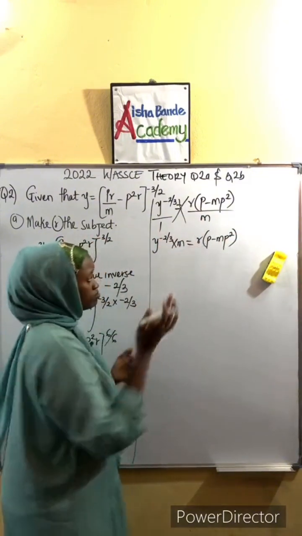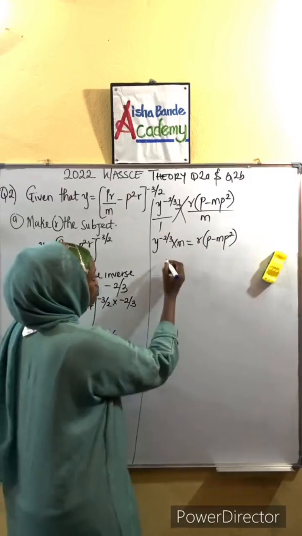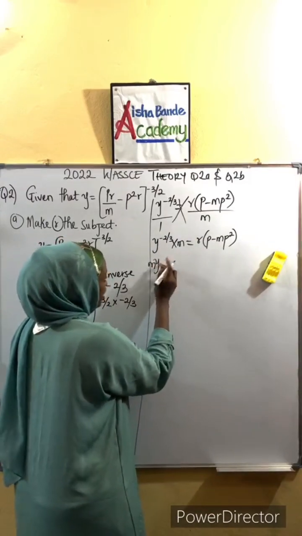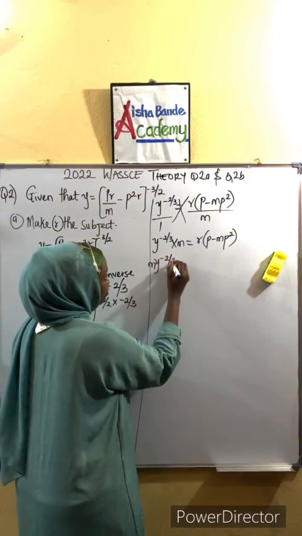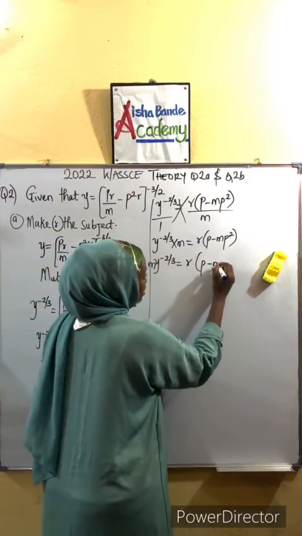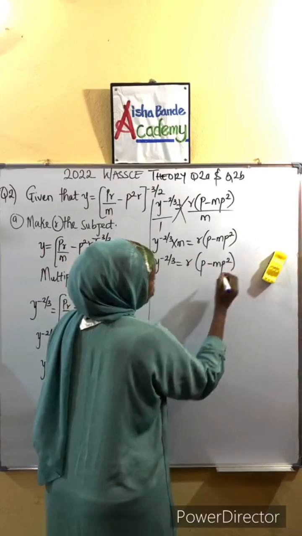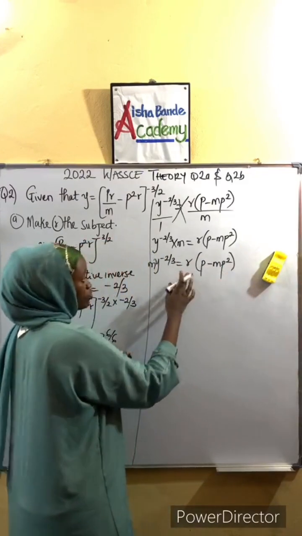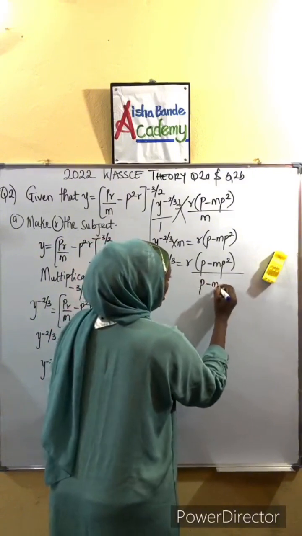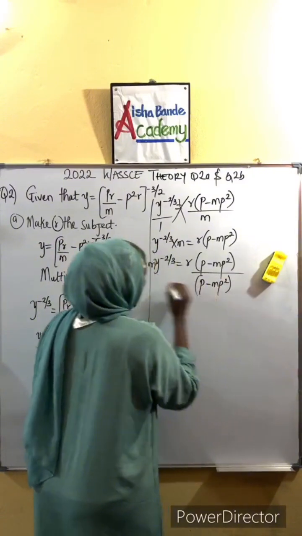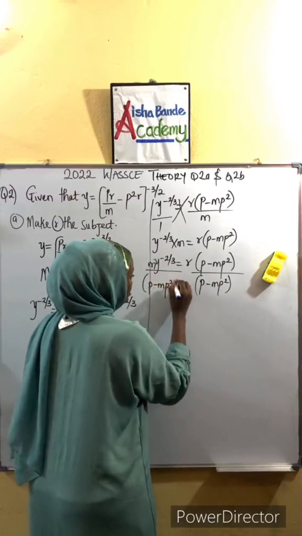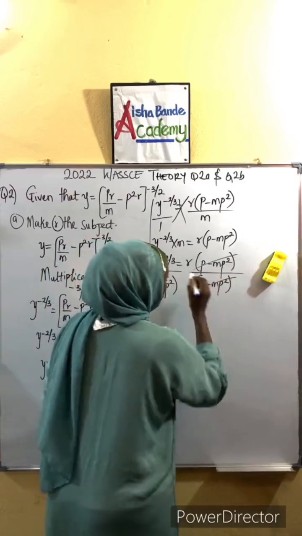So from here we can make r the subject of the formula. So here we have m y raised to the power of minus 2 over 3 is equal to r (p minus mp squared). We make r the subject of the formula by dividing both sides by p minus mp squared. We do the same thing for both the left and the right hand side, so this value cancels this value.